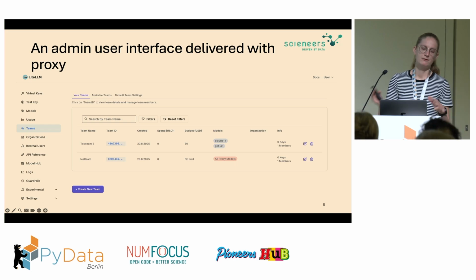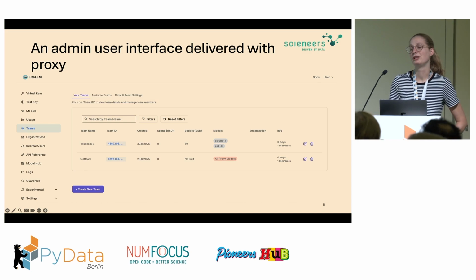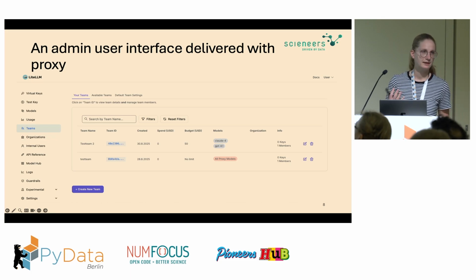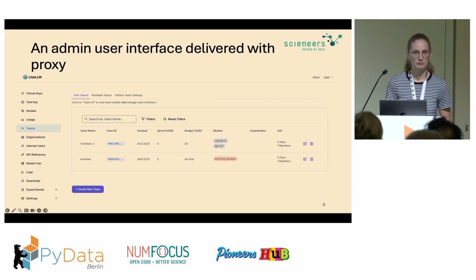But unfortunately, in this admin interface, we can't do everything yet which we are able to do with the endpoints. Additionally, we need to keep in mind that there are some enterprise features where you need an enterprise license. Here I think the most useful would be the feature to connect existing single sign-on providers to LiteLLM.